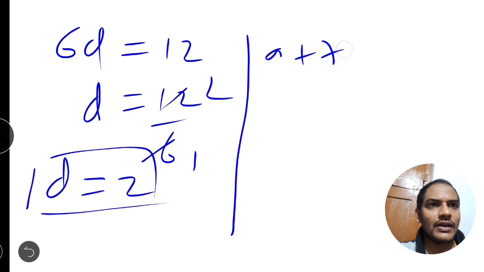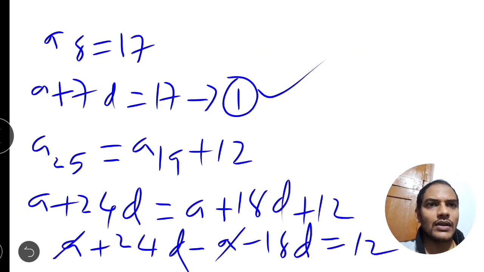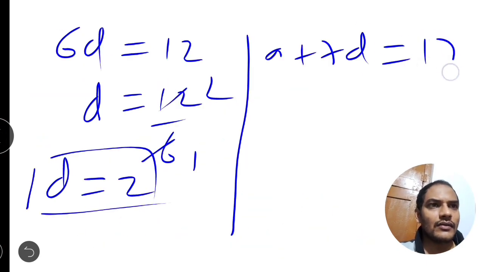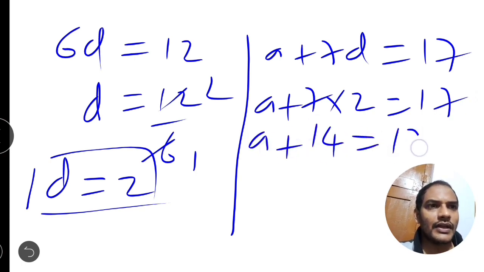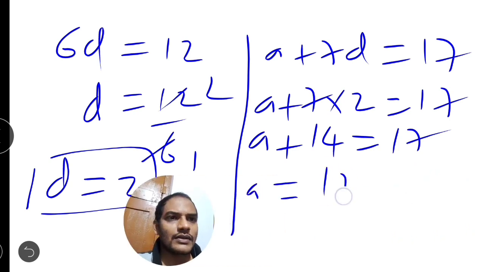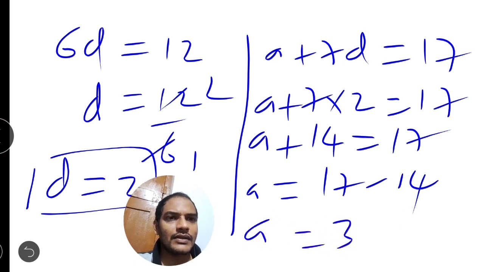A plus 7D equals 17. A plus 7 into D value 2 equals 17. So A plus 7 twos are 14 equals 17. So A equals 17 minus 14, which is 3.